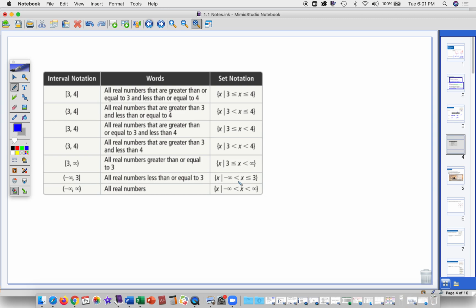In set builder notation, it would look like this. We never include infinity, we never include negative infinity. They aren't numbers, so we can't include them. So x is greater than negative infinity, and it's less than or equal to 3. Again, notice with the less than or equal to, that's when it's the cornered bracket.